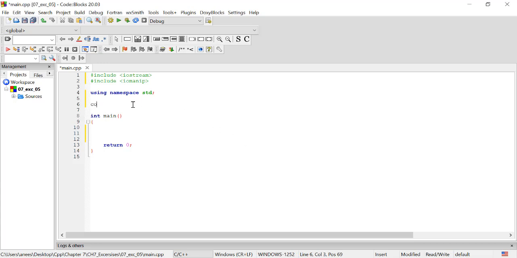Constant double married deduction is equal to 7,000.